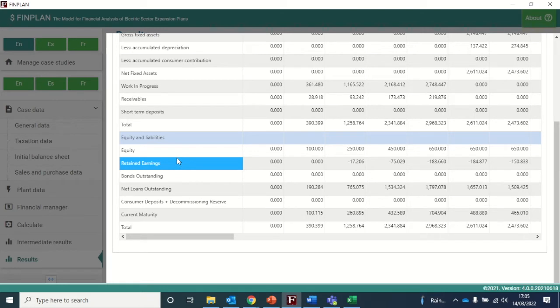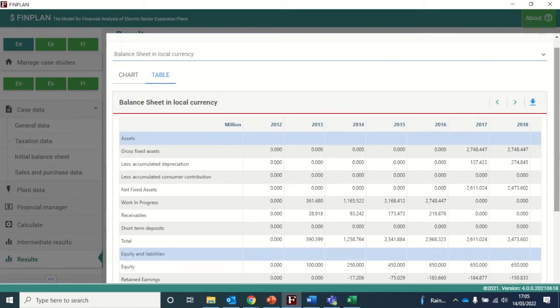Outstanding loans from export credits and other sources, net of principal paid in that year, are reported under net loans outstanding, which is here. And current maturity includes amounts due next year, which is this row here. For example, the accumulated standby facility plus the loan amount due next year. And we are now done with the balance sheet.